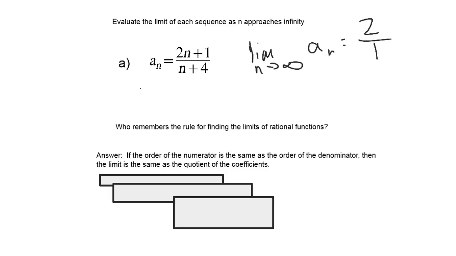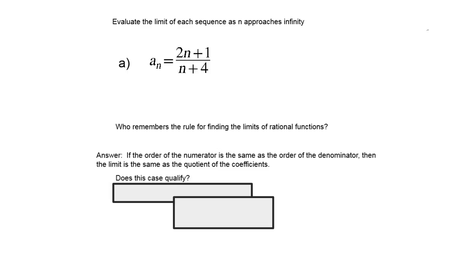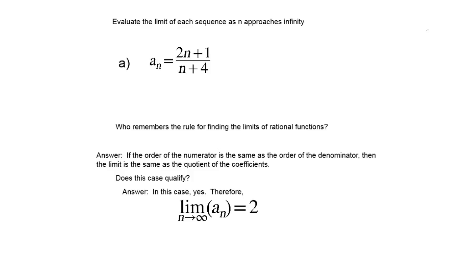So, the limit as n approaches infinity of this function is 2. And let's take a look at that written a little more clearly down here. The limit as n approaches infinity of a sub n equals 2.